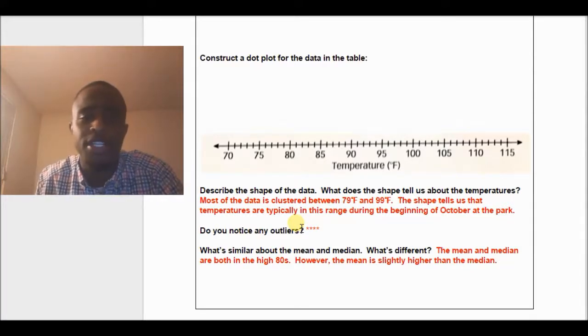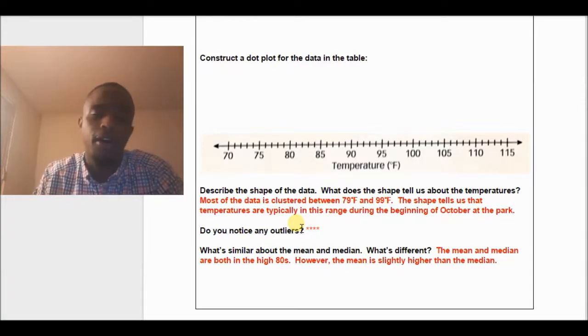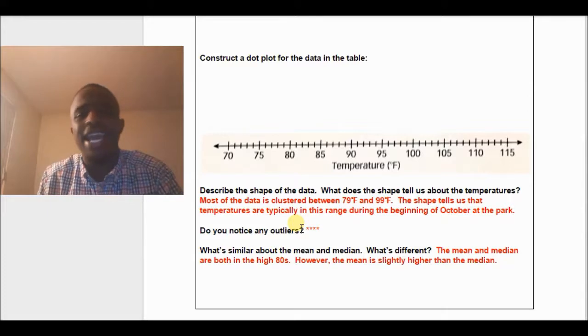The shape tells us that the temperatures are typically in this range during the beginning of October at the park. So in the beginning of October, the temperatures normally range between 79 degrees and 99 degrees.